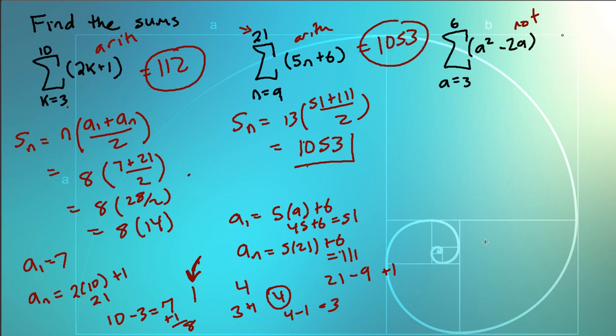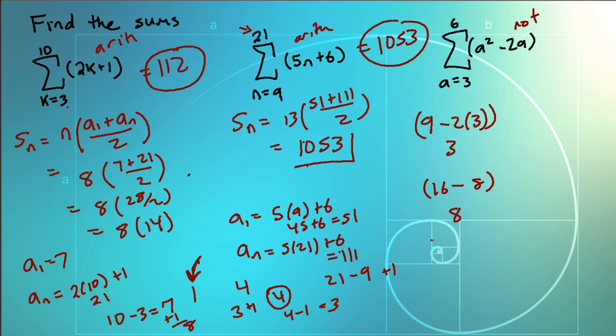Now this one is not arithmetic, so I'm not going to have a formula for it. So how do I do the summation? We already did a section on summations. I put in a 3, so I'll get 9 minus 2 times 3. So minus 6, so 3. That's the first thing. Then I have 4. I put in a 4, so 16 minus 8. That's 8. Okay, I'm going to add these all up at the end.